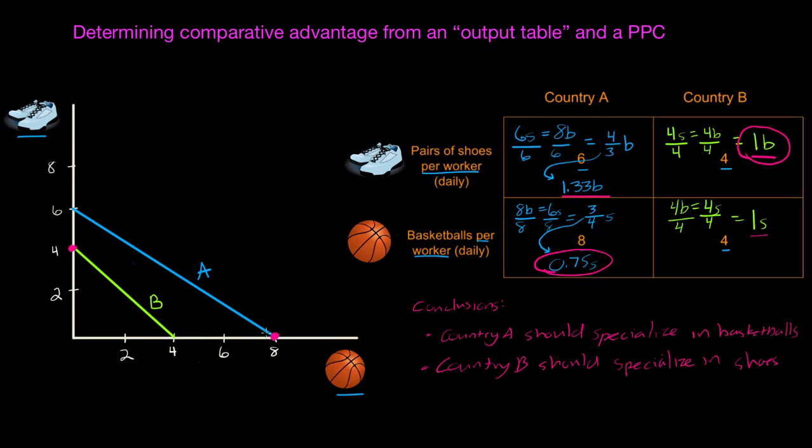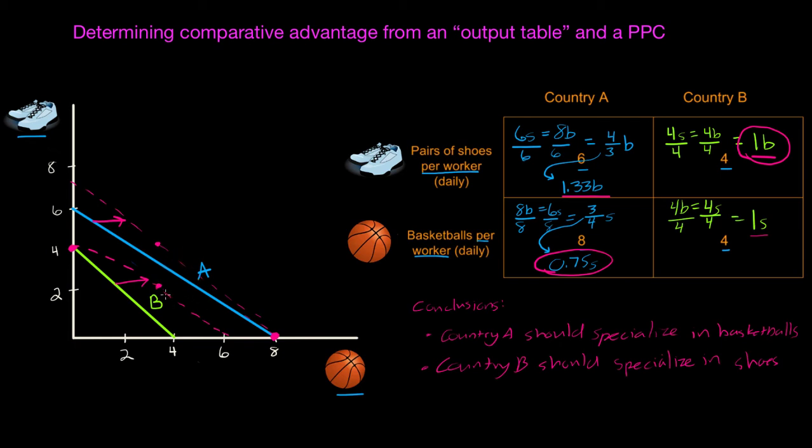By trading with one another, both countries will be able to consume some combination of basketballs and shoes that is beyond each country's domestic production possibilities. So these dashed lines that I'm drawing now represent what we could call the trading possibilities curves of both countries A and B. Through specialization and trade, a country can consume at a point beyond what would be possible if it were to produce everything for itself without trading with other countries.